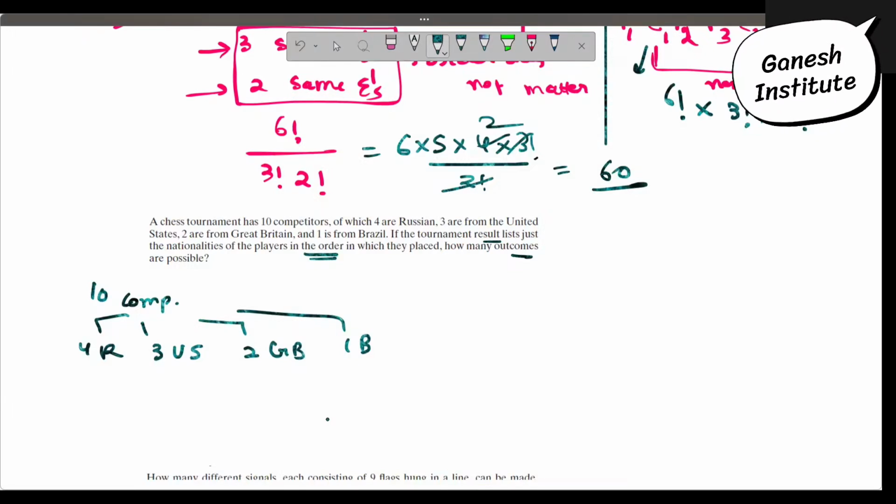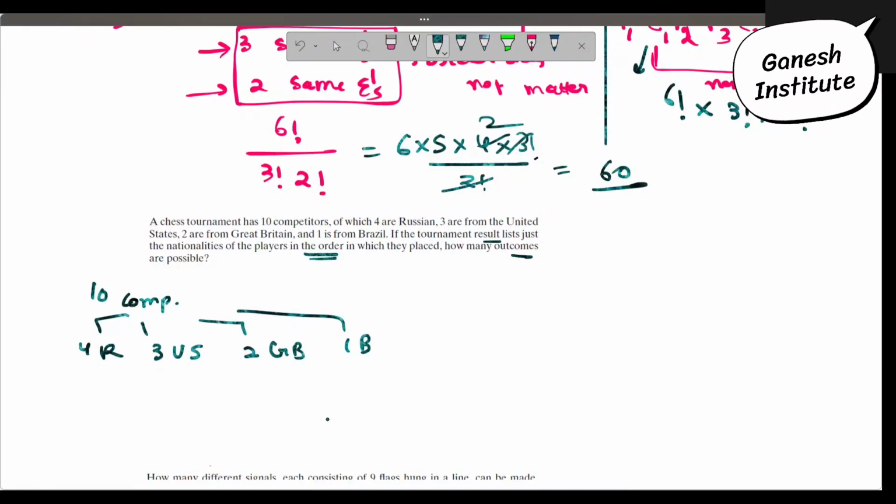Have they put any condition like that? No. So what is the condition? They have to place by the rank, by the rank of nationality.